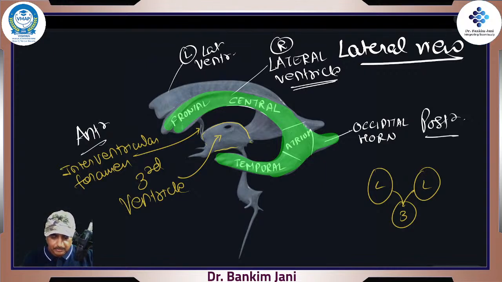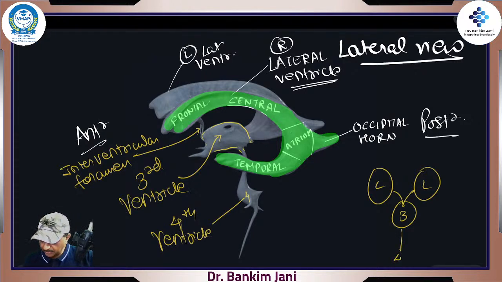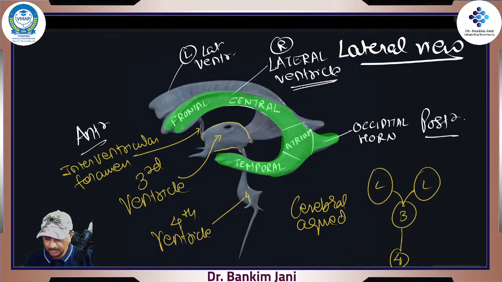Then there is a duct, because this one is the fourth ventricle. So between the third and fourth, that is called the cerebral aqueduct of Sylvius.